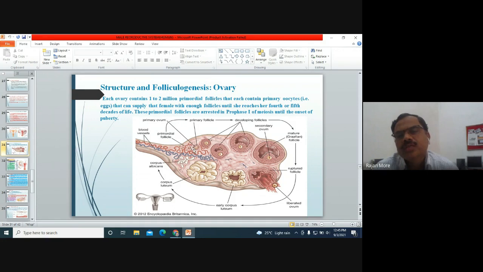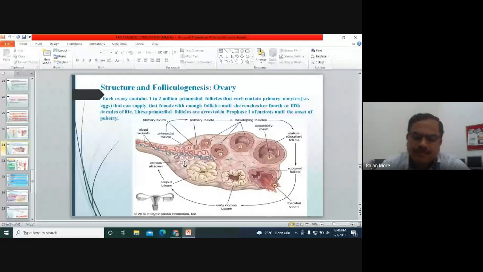In this cortex region, the developing follicles are seen: the primary follicle, then the secondary follicle, then the tertiary or Graafian follicle. Then ovulation occurs from the ovary, and the remaining follicle is converted into the endocrine structure called the corpus luteum. If the pregnancy does not continue, it is converted into the corpus albicans.